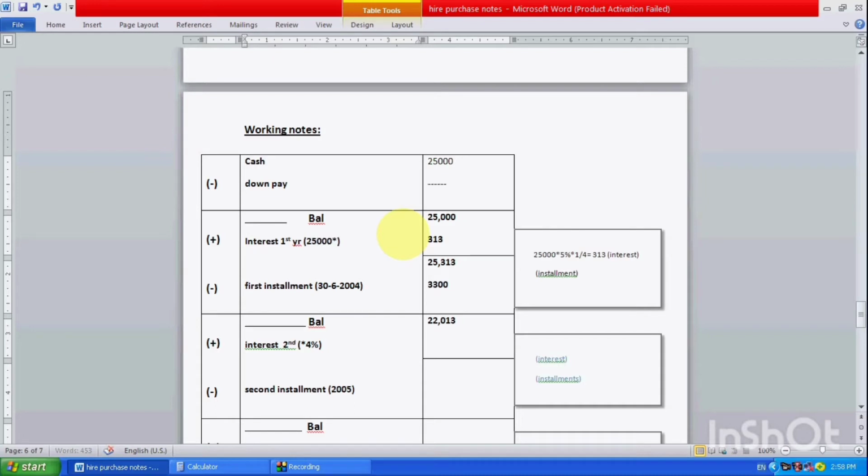Okay, and remove this 12,000. 25,000 into 5% into 1 divided by 4. Okay, now add the second interest, 22,013.